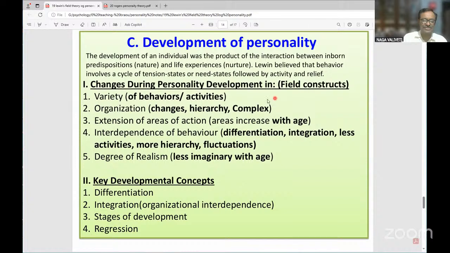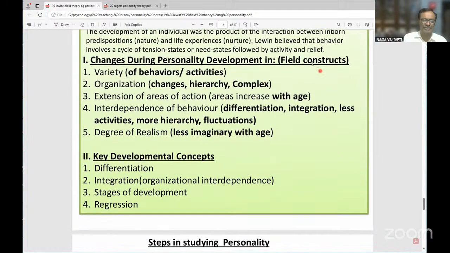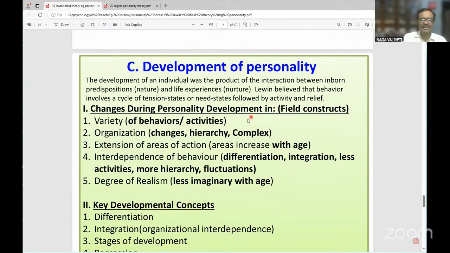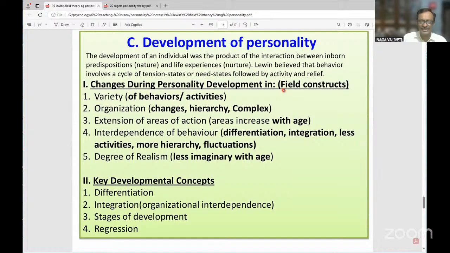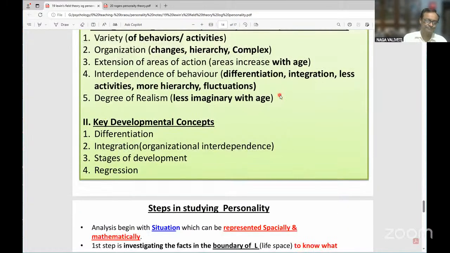Depending on that, he gave the personality development. But please remember, it changes. Personality development changes with the field construct. What is learning? A simple definition: changing the construct in the field is nothing but learning.